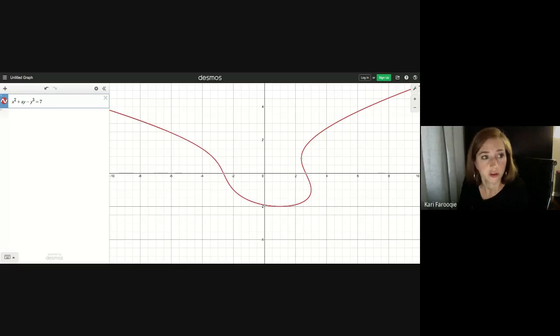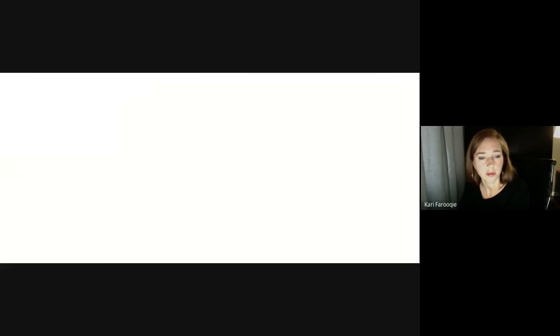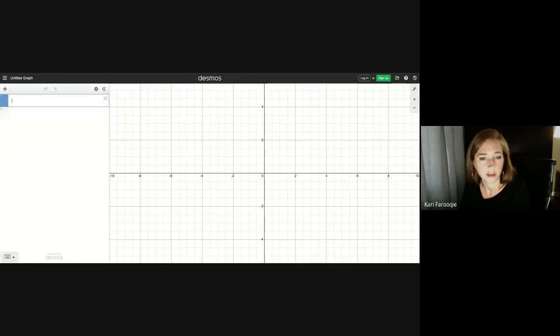I'm sure you just select graphing calculator. Math tools. Yeah, so if you go to desmos.com, and then you go to math tools, it's under graphing calculator. That's how you would get this. So I'm going to go back to my tab.